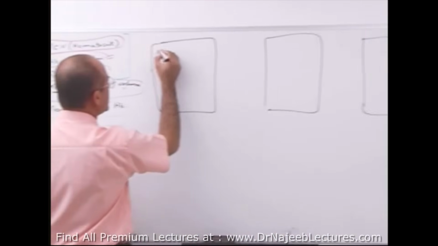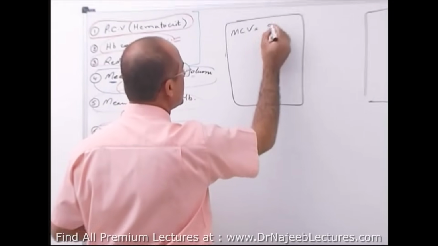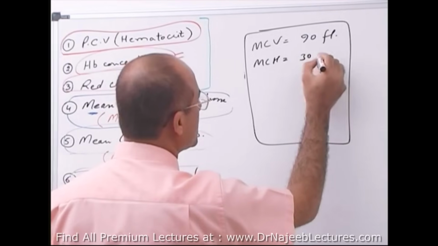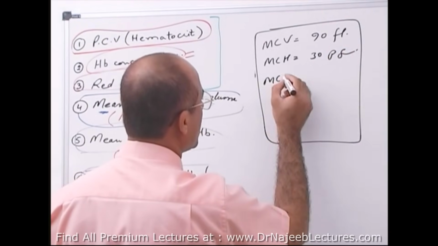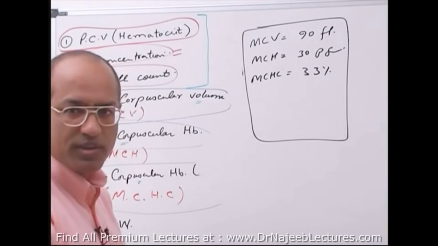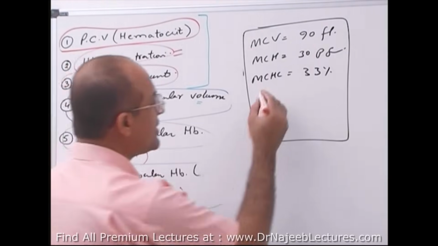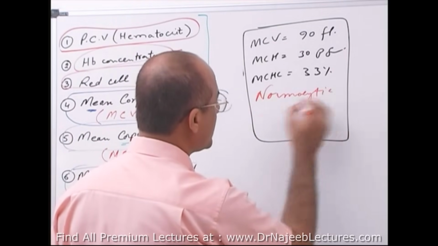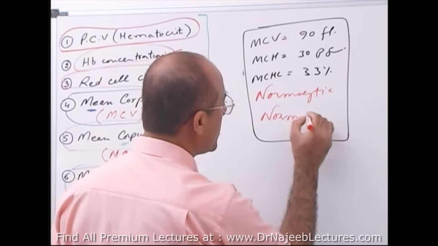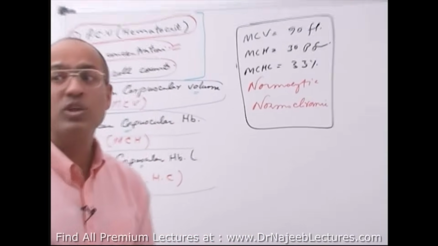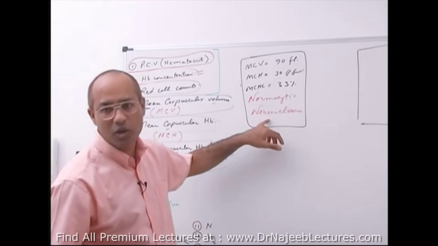Report number 1: mean corpuscular volume is 90 femtoliter, mean corpuscular hemoglobin is 30 picogram, mean corpuscular hemoglobin concentration is 33%. What is your conclusion? Normocytic, normochromic, good.